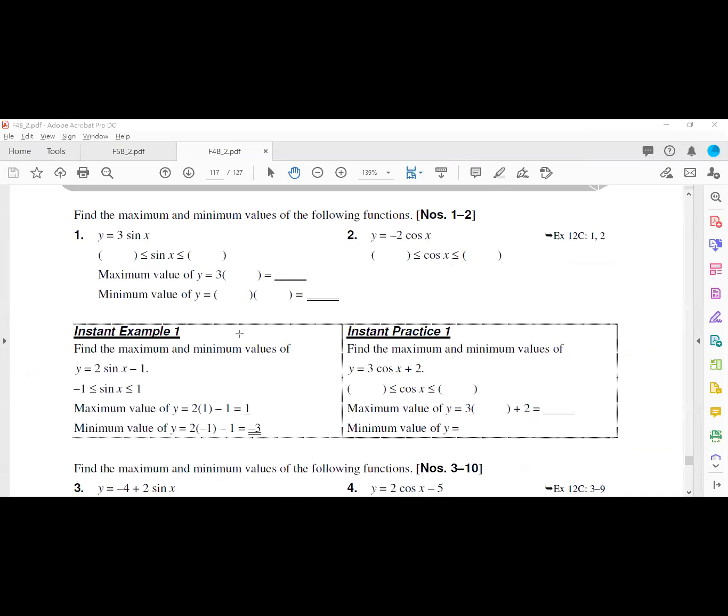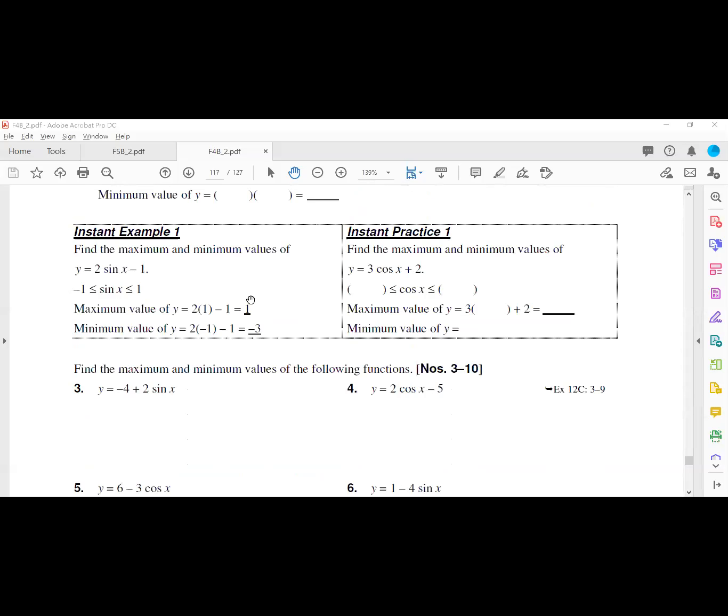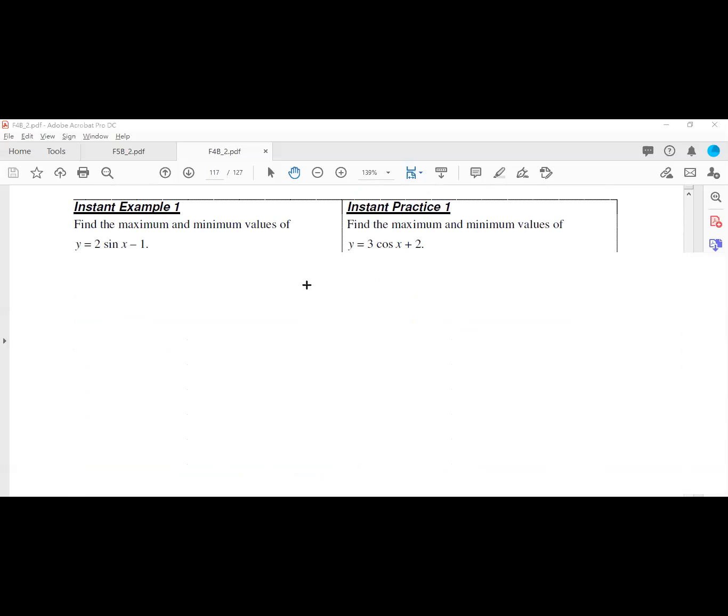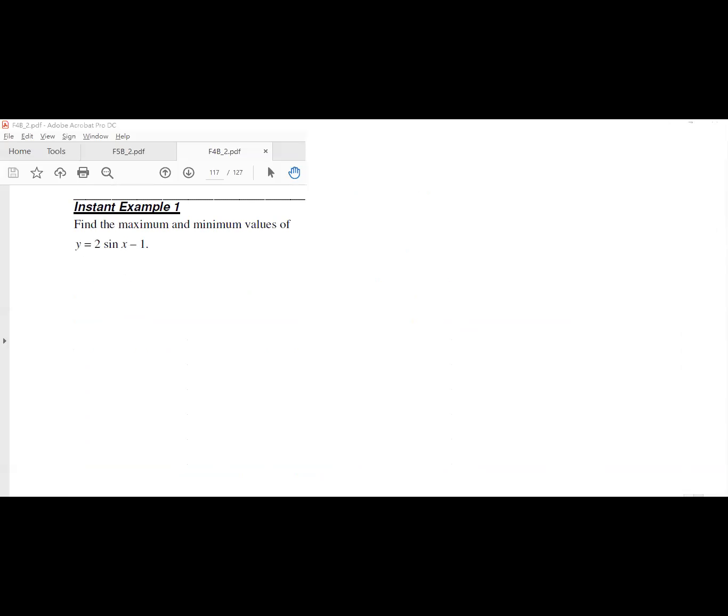好啦，跟住會有一啲多少少嘅計算過程嘅啫，但係個 concept 係一模一樣嘅。Okay, so let's go to instant example 1. Instant example 1. Okay, find the maximum and minimum values of y equals 2 sine x minus 1.